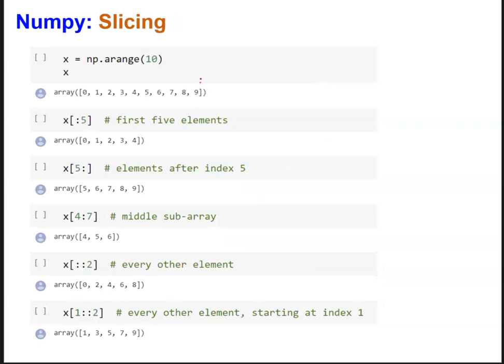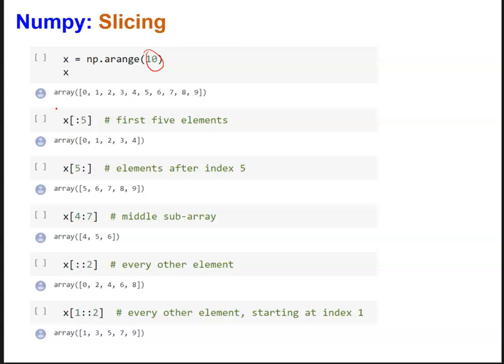Now let's look at slicing. Slicing again means getting sub arrays from an array. So here let's create a range of numbers from 0 to 9. If you type in 10 again, you get numbers from 0 to 9. The default starting point is 0.